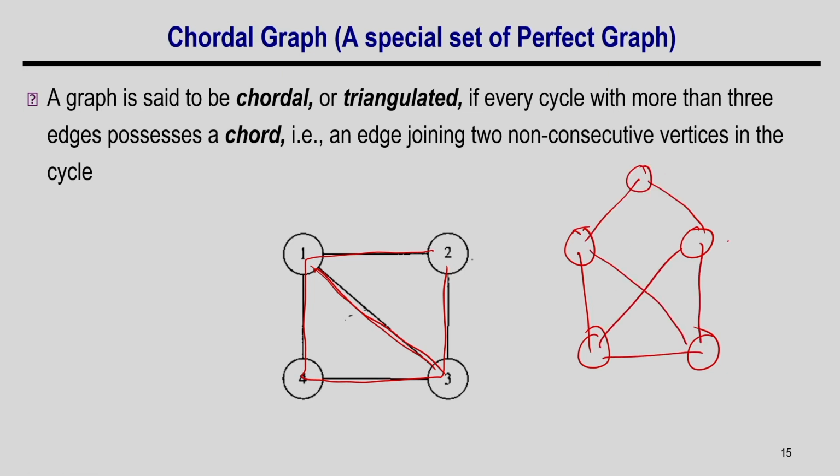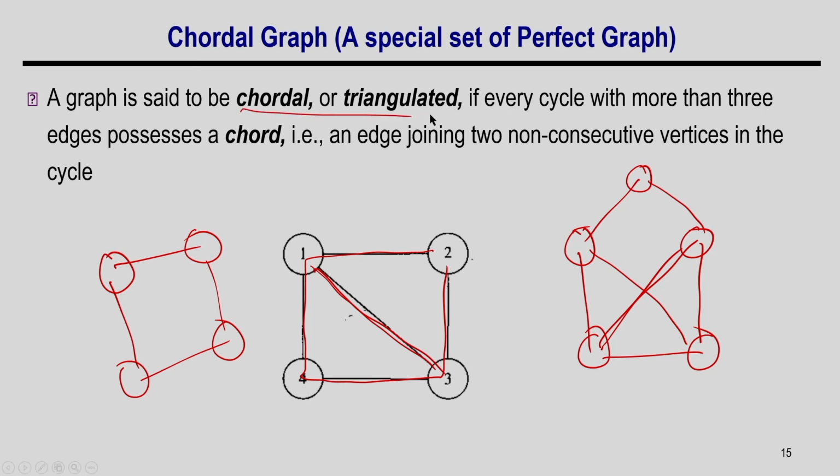This is also a chordal graph, because whenever you have a cycle of size 5, you have a chord there. But this is not a chordal graph, because this has a cycle of size 4, but it has no chord here. So, I will say this is a chordal graph if for any such cycle of size 4 we have a chord.